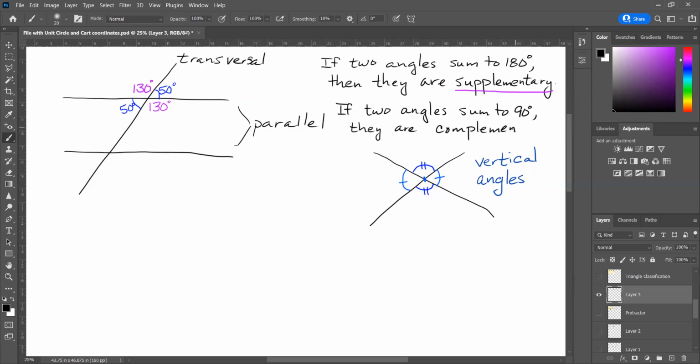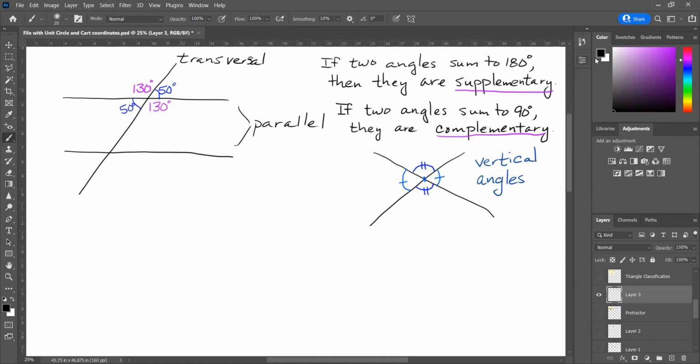So you'll need to find a way to remember complementary and supplementary because those terms are used in the homework and regularly. Maybe think complementary starts with a C, supplementary starts with an S. And so it's kind of in alphabetical order. And notice complementary has a 90-degree angle, supplementary has a 180-degree angle. So those are in numerical order as well as alphabetical order. But that can help us anyway.